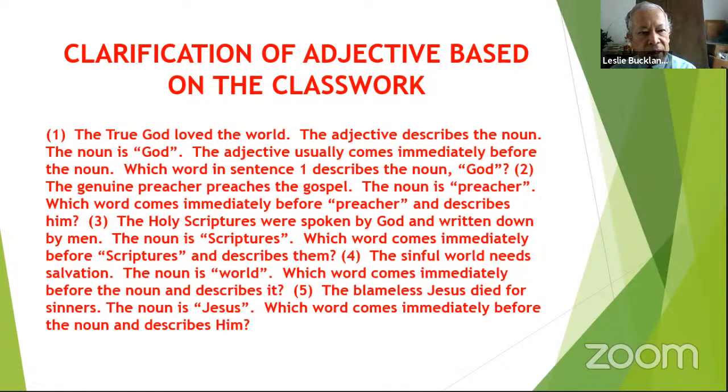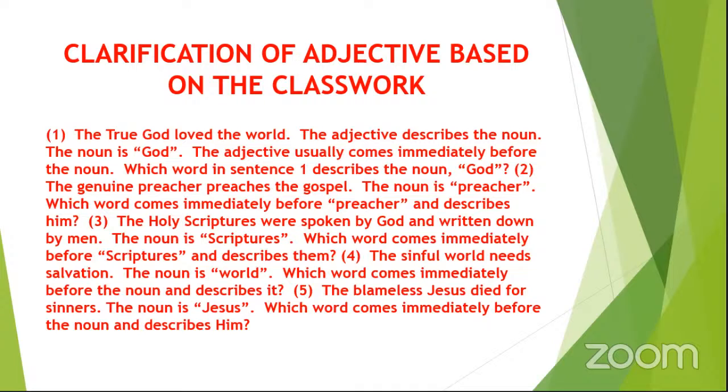Number 1, the true God loved the world. The adjective describes the noun. The noun is God. The adjective usually comes immediately before the noun. Which word in sentence 1 describes the noun God? So I ask you, Nicholas.